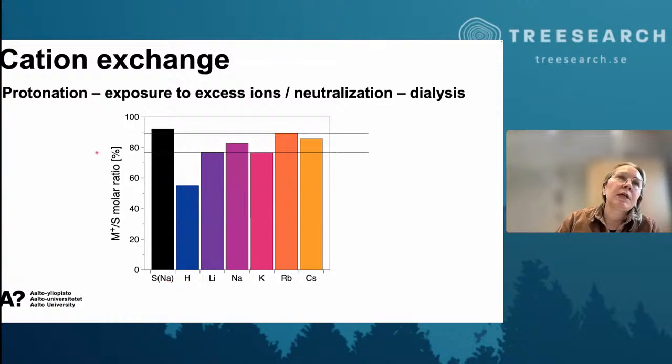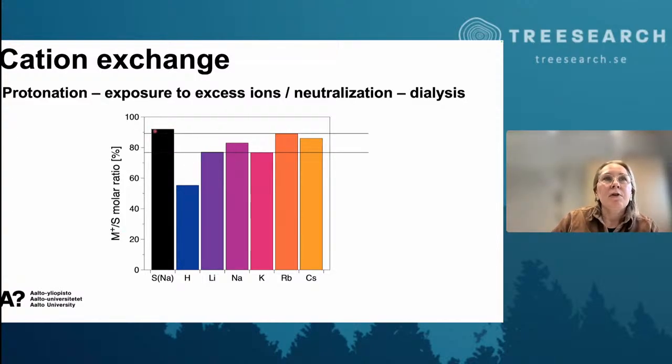So you can see here the molar ratio of the metal to the sulfur. This was the sulfated substrate, so we are contrasting how much of the metal cation has been introduced in the molar ratio to sulfur, which represents the number of the sulfate groups.